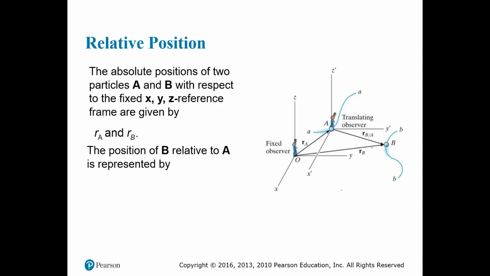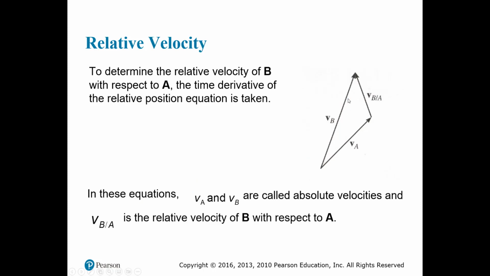With that, the equation will be rewritten as rB equals rA plus rB/A, right? If you have the three vectors, your rB will be the sum of this plus this one. And the whole thing with this is that when we have three components in movement, we can relate them all by putting them into one equation.